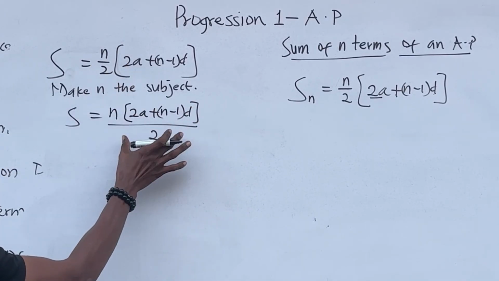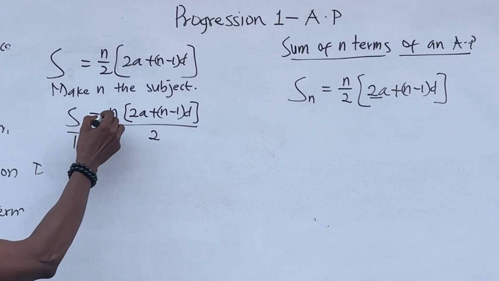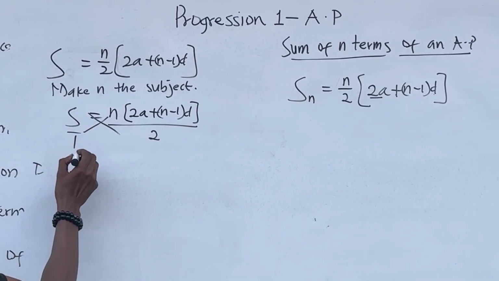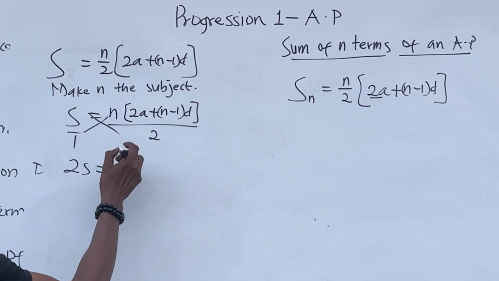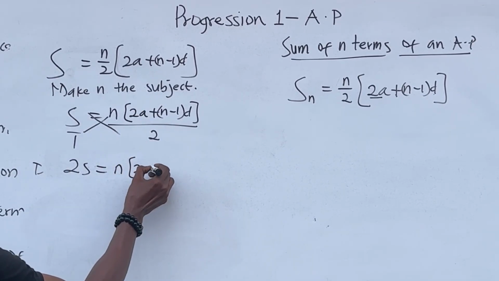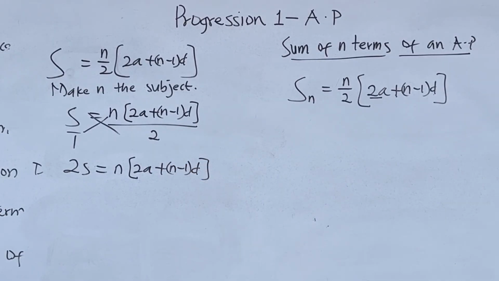This n over 2, I'm just bringing it this way so you can follow easily. So I want to cross multiply. So from here, 2S equals 1 multiplied by n into (2a plus (n minus 1)d). I'm just trying to be fast.